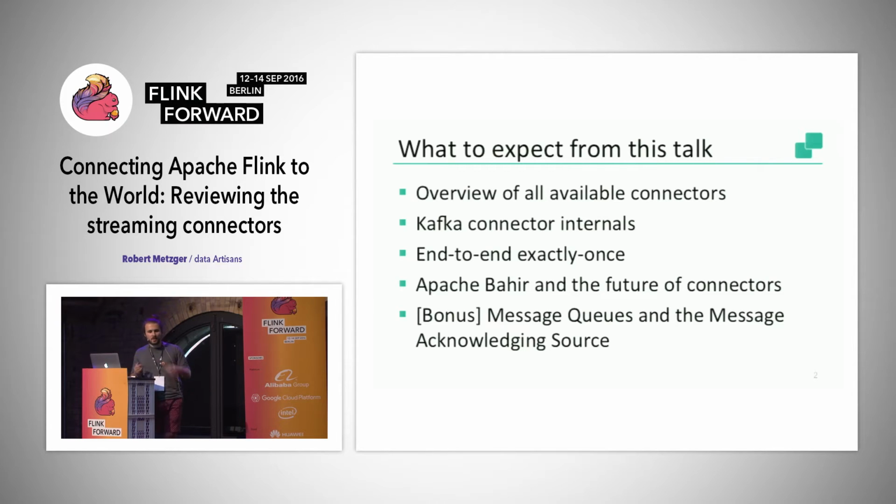So there are some connectors for Spark in there, some for Flink. We're going to have a look at that in more detail. And then, if we have time, we're also going to look at message queues, so ActiveMQ, RabbitMQ, and how Flink works with them to provide exactly once messages or at least once messaging guarantees.